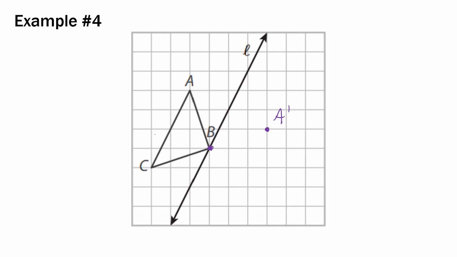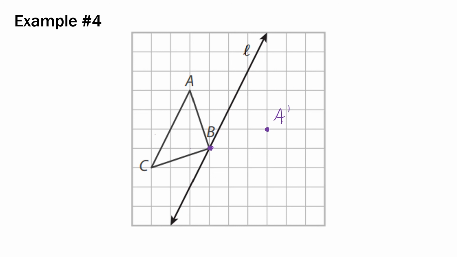Because my left one was my negative movement, now it completely flips. So it becomes a positive and an up movement. So that's up 1. And then my up was 3, so now it's going to go to the right 3. So now I'm going to do the same thing with C. It's to the left 3 and down 1.